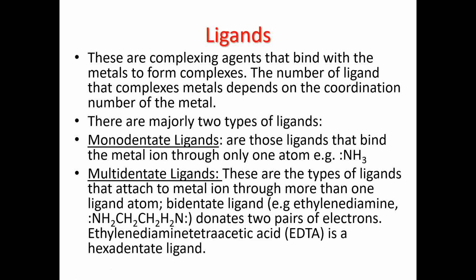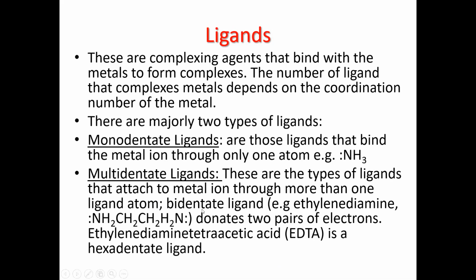Then we have multidentate ligands. The multidentate ligands are the ligands that attach to the metal ion through more than 1 ligand atom. We have bidentate ligand, we have tridentate, we have hexadentate, depending on the binding site.